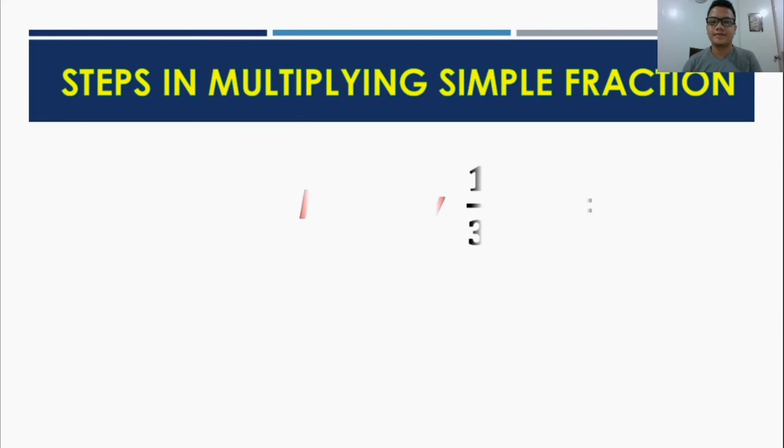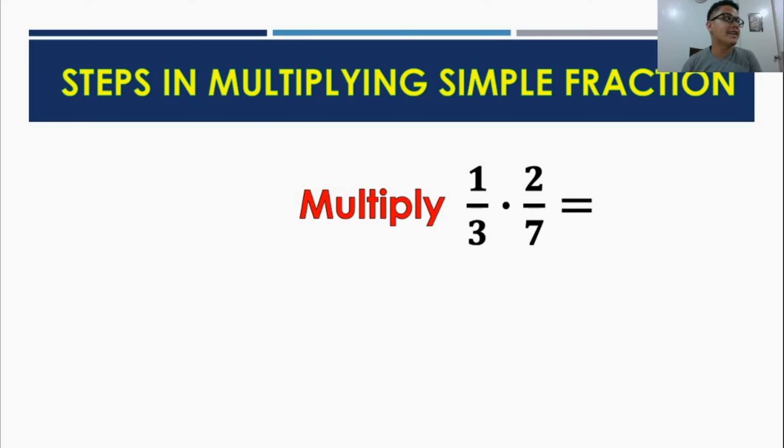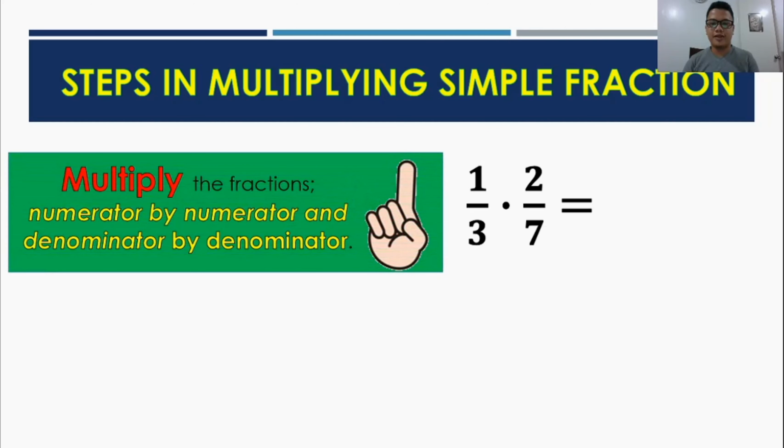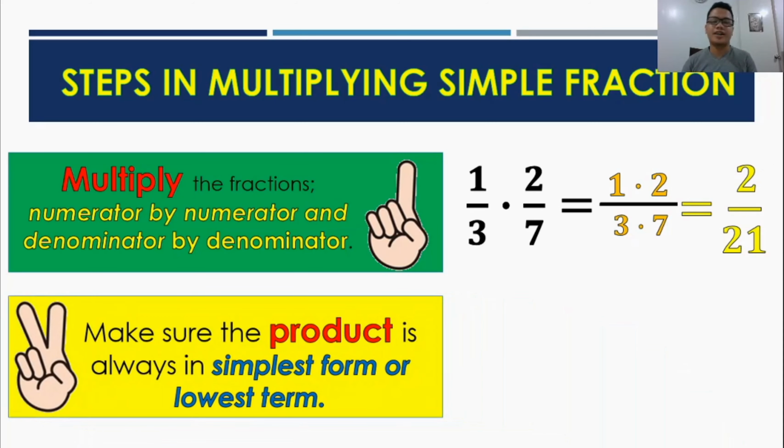Now, let's move to our last example. 1 over 3 times 2 over 7. So multiply numerator by numerator and denominator by denominator. We have 1 times 2 and 3 times 7. So that's equivalent to 2 over 21. Second step, just check if it's simplified.